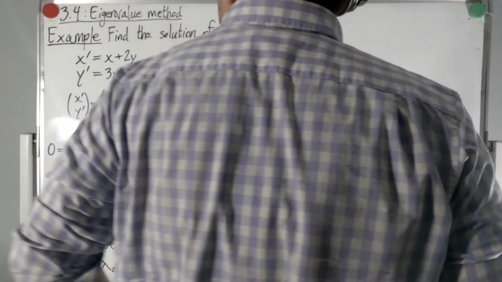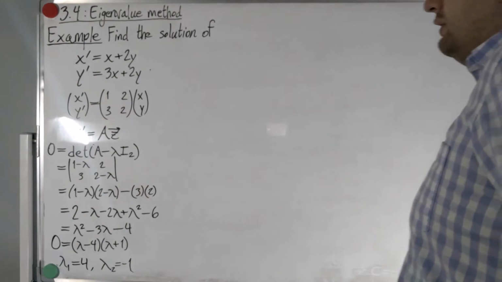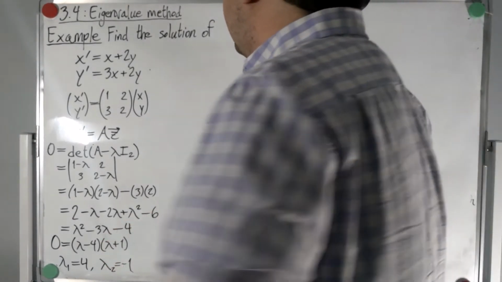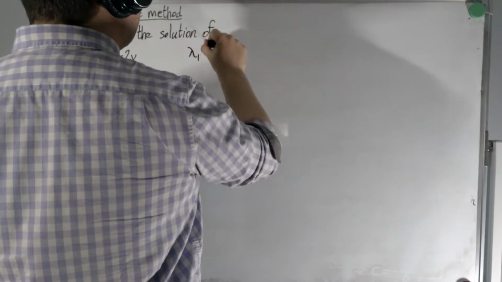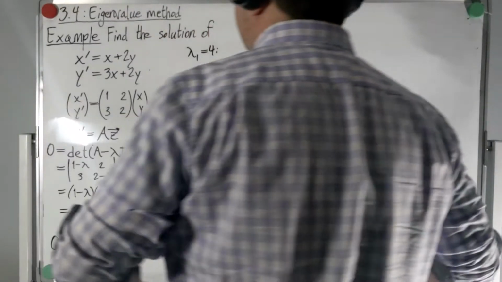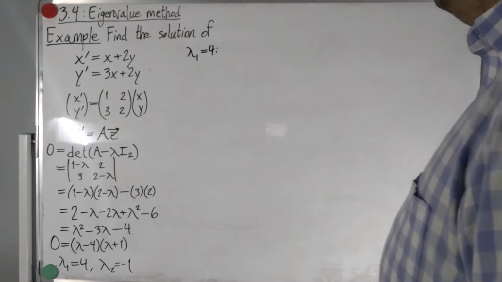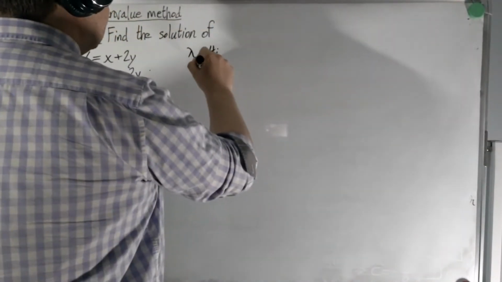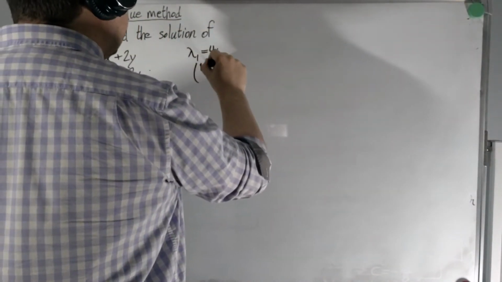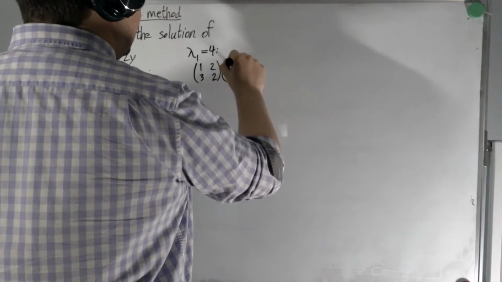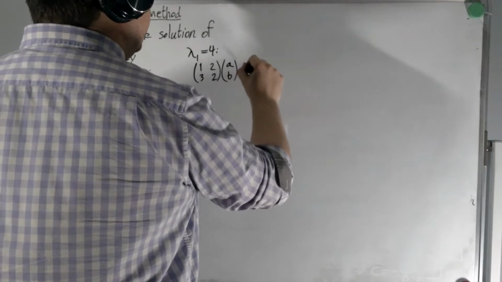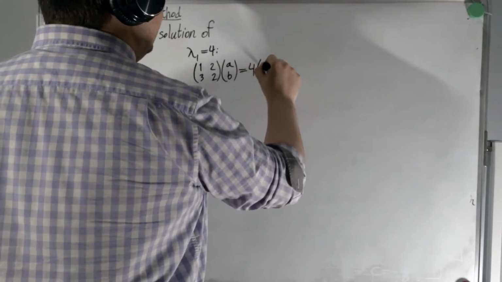So now let's find the eigenvectors associated to lambda 1, which is 4. The associated eigenvectors would satisfy the equation 1, 2, 3, 2 times, let's call it a, b, equals 4 times a, b.